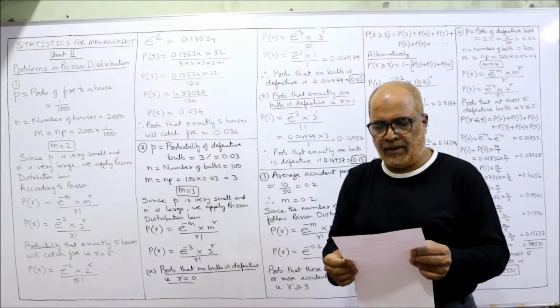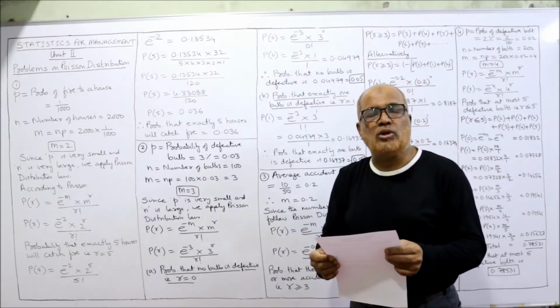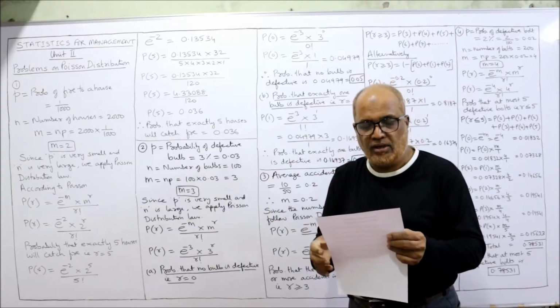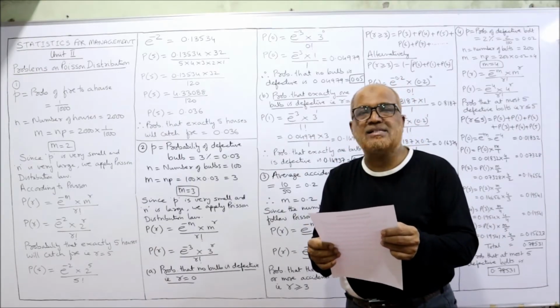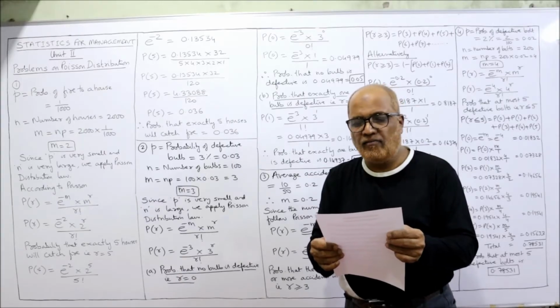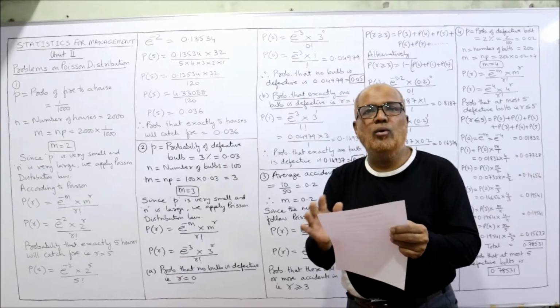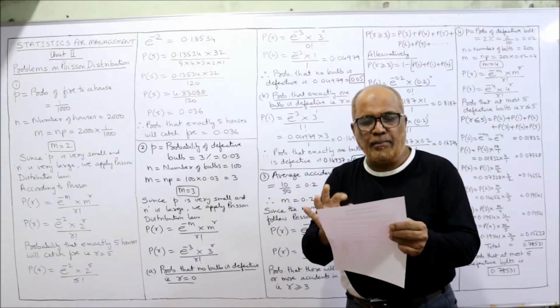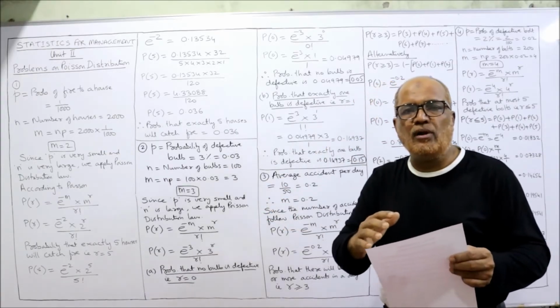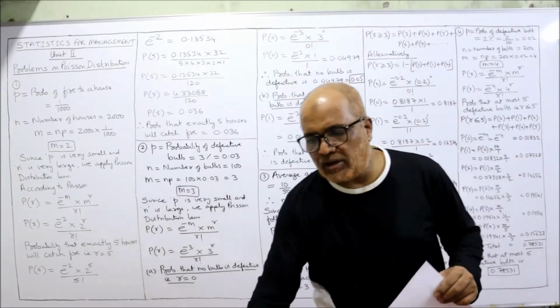Using the Poisson distribution, as specifically given in the problem itself, find the probability that a sample of 100 bulbs, n is equal to 100, will contain A, no defective, and B, exactly 1 defective.